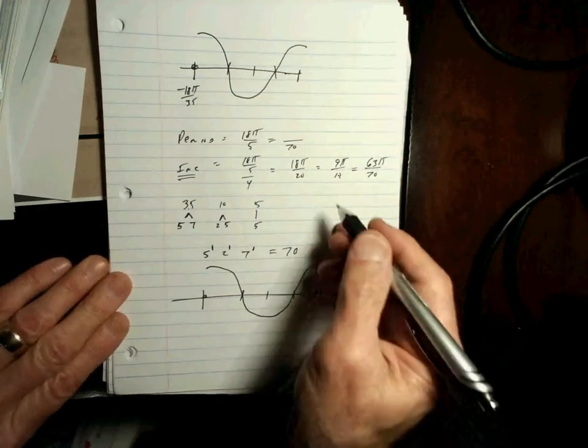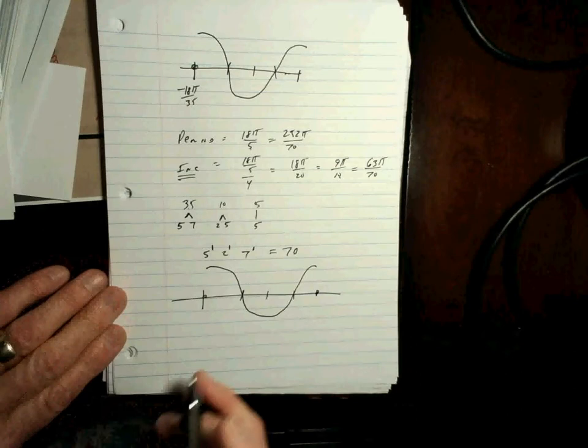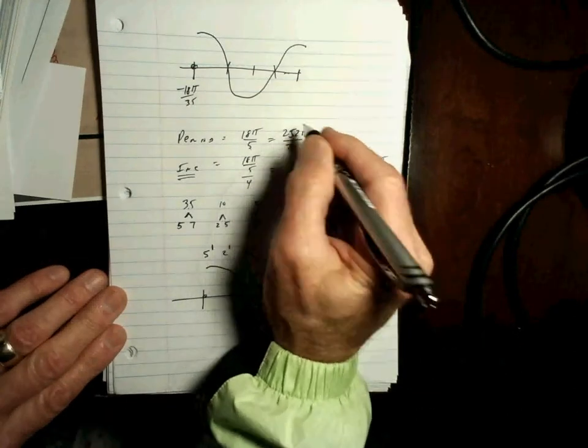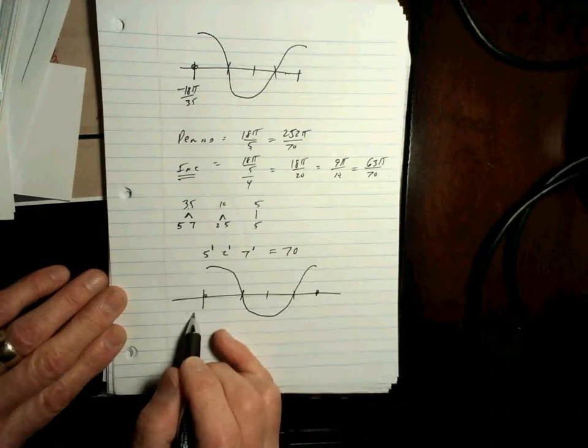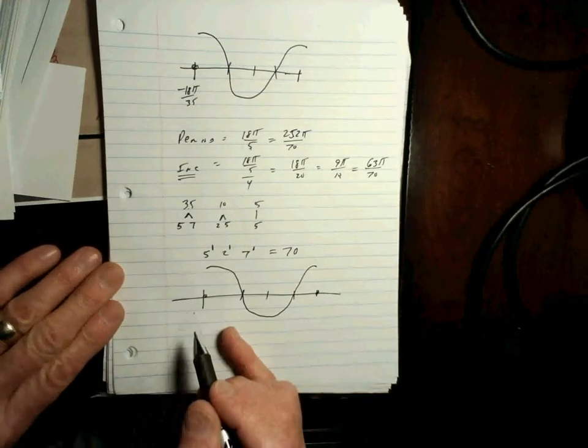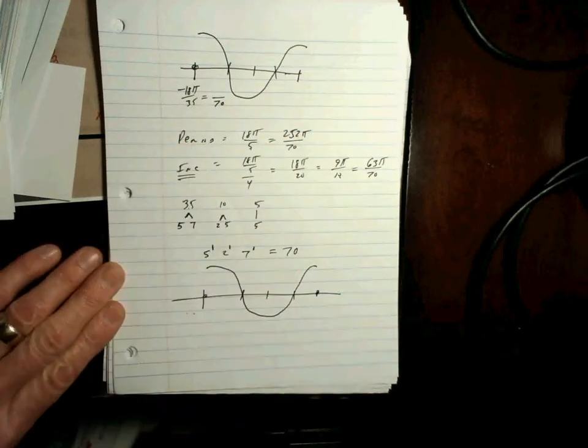So this will be equal to 252 pi over 70. I know some of you might look at that and say, why do I need to do that? If I've got the increment and where it starts, that's all I need to do. Well, let's look at how that is going to play into a positive thing for us.